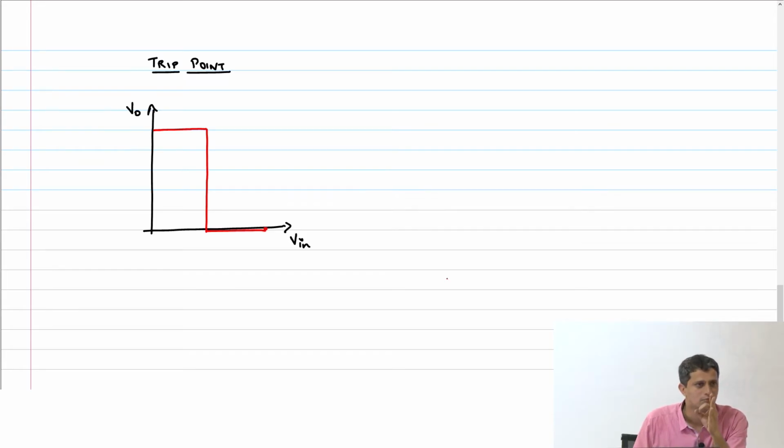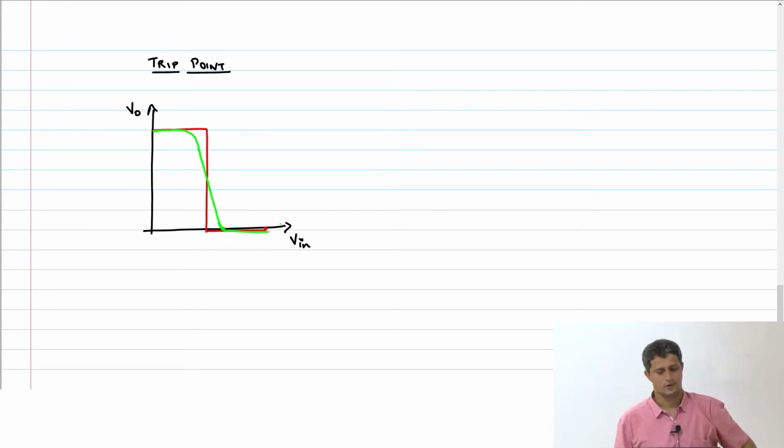Right? At maybe VDD by 2, there's a sharp transition. Of course, in reality, that's not the case. We have something like this.